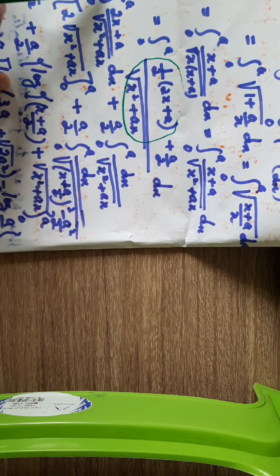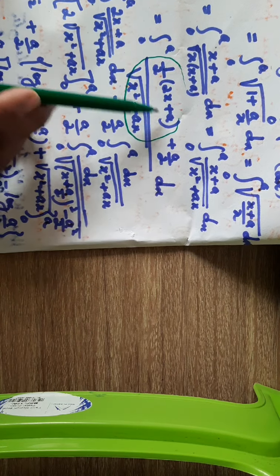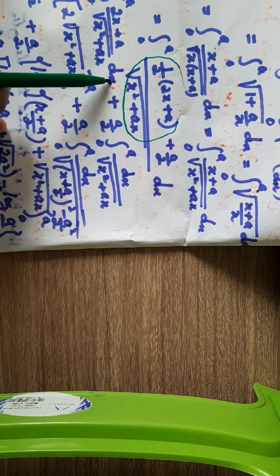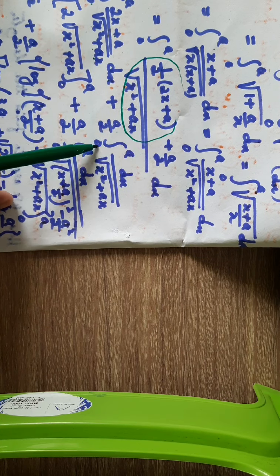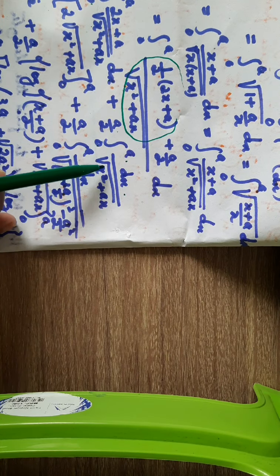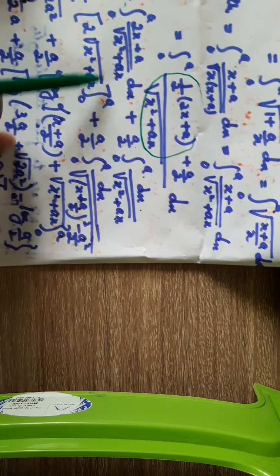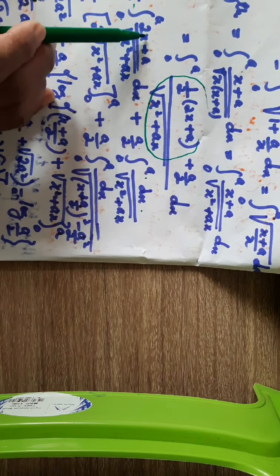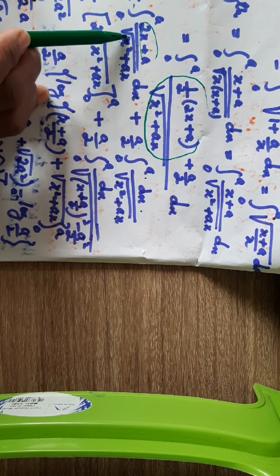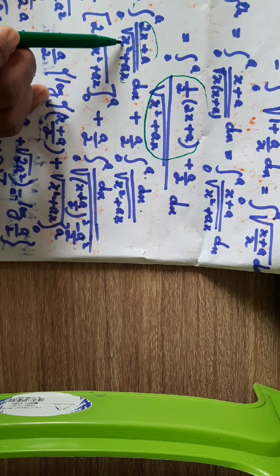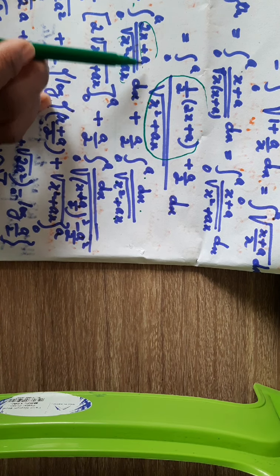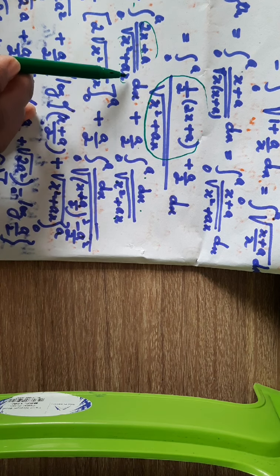Now you can consider this one. It will be half integral 0 to a (2x plus a) by square root of x square plus ax dx plus a by 2 integral 0 to a dx by square root of x square plus ax. Now the first one is, see, the numerator is the differentiation of the term inside the square root, that is d of (x square plus ax). So it will be of the form du by square root of u.